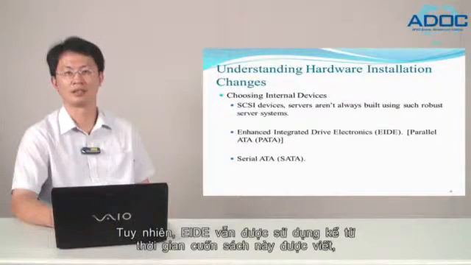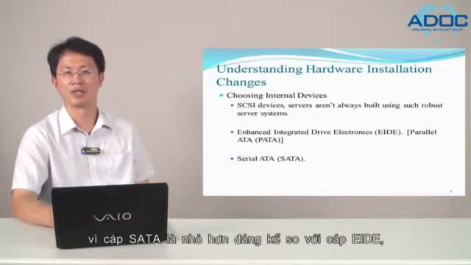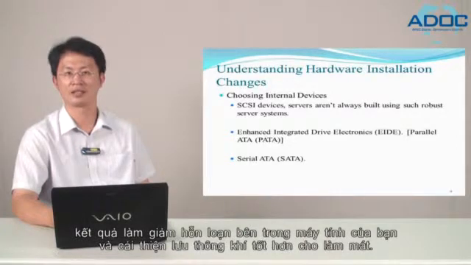Although EIDE is still in use as of the time this book was written, you might find that most newer computers use serial ATA devices instead. Because serial ATA cables are significantly smaller than EIDE cables, this results in less clutter inside your computer and improved airflow for better cooling.